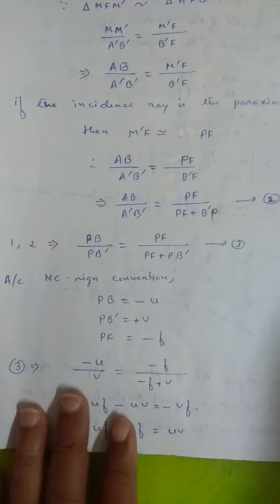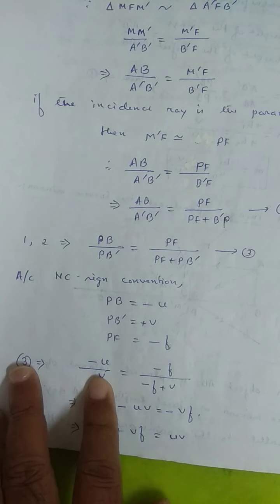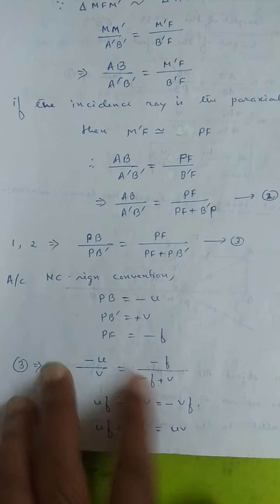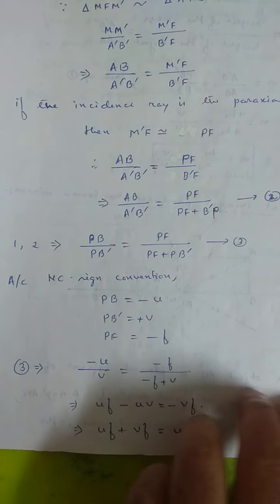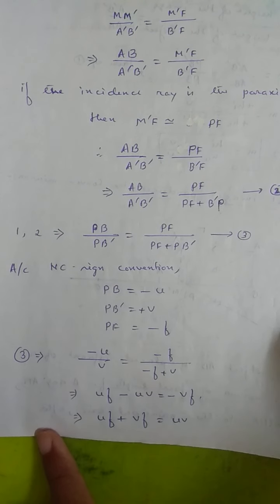So if I put this situation according to the new Cartesian sign convention in equation 3, what do we get? Minus u by v is equal to minus f divided by minus f plus v. Now if I cross multiply, I will get this equation.